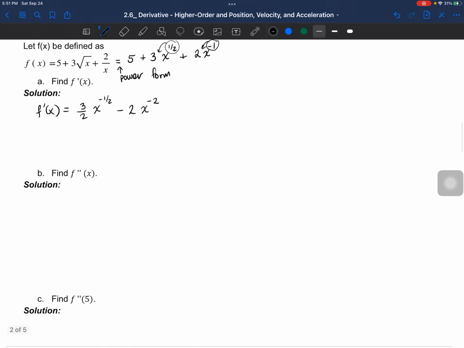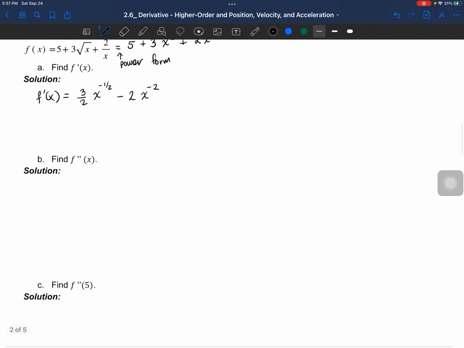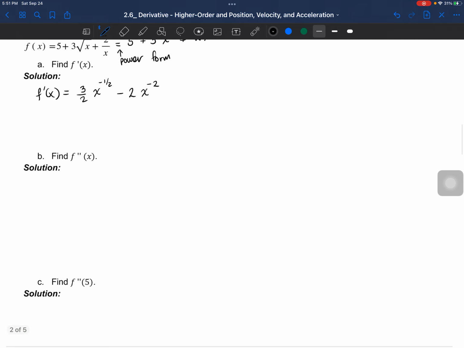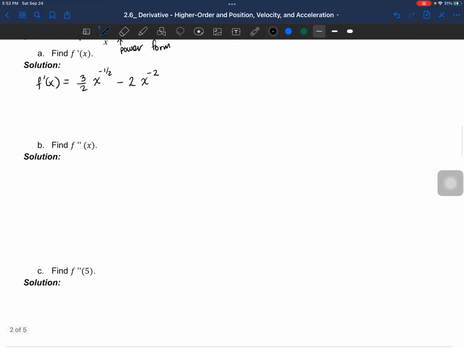So there you go, we found the first derivative. Now, we could rewrite this in radical form and with positive exponents, but since we're gonna need it to find the second derivative, we might as well take advantage of the first derivative being written in power form.